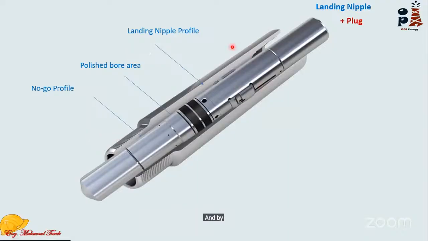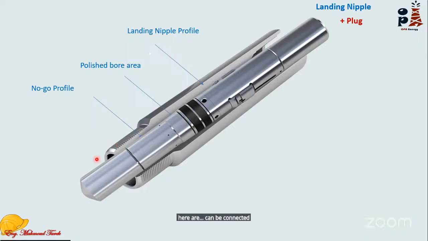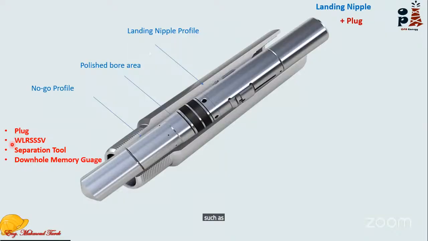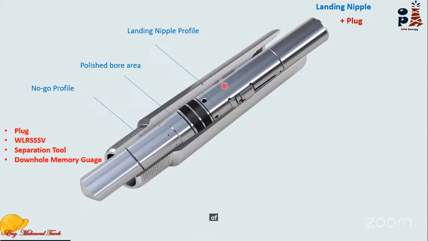And by the way, this lock mandrel, up to here, can be connected to any other tools such as plugs, wireline retrievable subsurface safety valve, a separation tool, a downhole memory gauge, whatever I will connect to the lock mandrel. The lock mandrel is the setting element of any subsurface tool, as we said, inside the nipple.